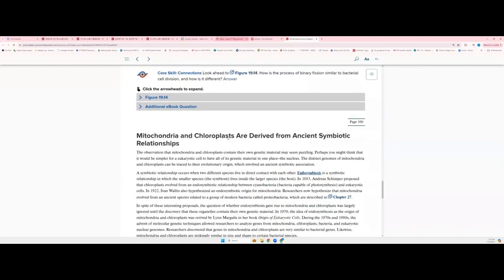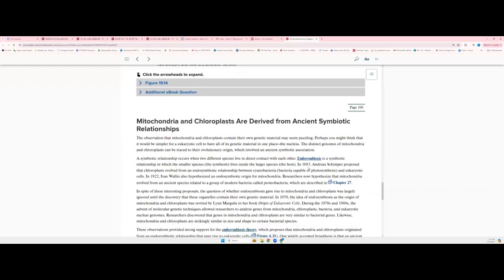Okay, then we talk about the hypothesis of how the genomes in the mitochondria and the chloroplast were derived. Basically, there is a theory called endosymbiosis.